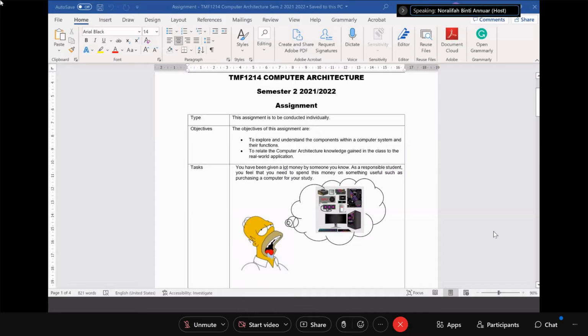So that means this assignment has no groups. You have to do it individually. Okay, this assignment 1 is quite straightforward and simple. You can easily aim for, if not full marks, maybe 14 or 13. But you need to do research. Please do not simply copy and paste all the information you get from the internet or from the book.